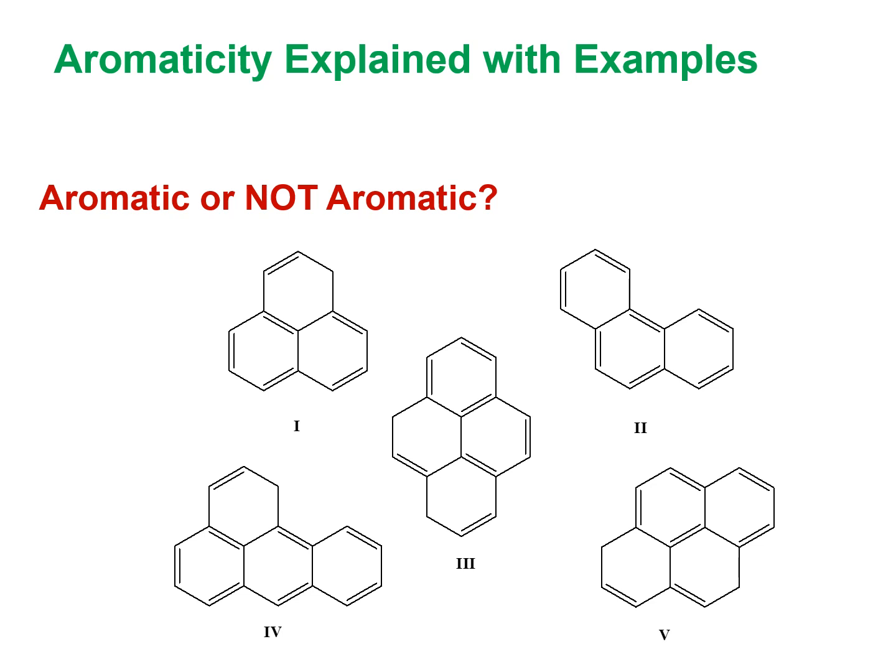In ring 3, the second ring on my left and the third ring have isolated forms, which means they are not aromatic. IV confirms that the first ring is isolated, so not aromatic, while the fifth confirms that the second and the third ring are not conjugated, they are isolated, meaning that only structure 2 is aromatic.